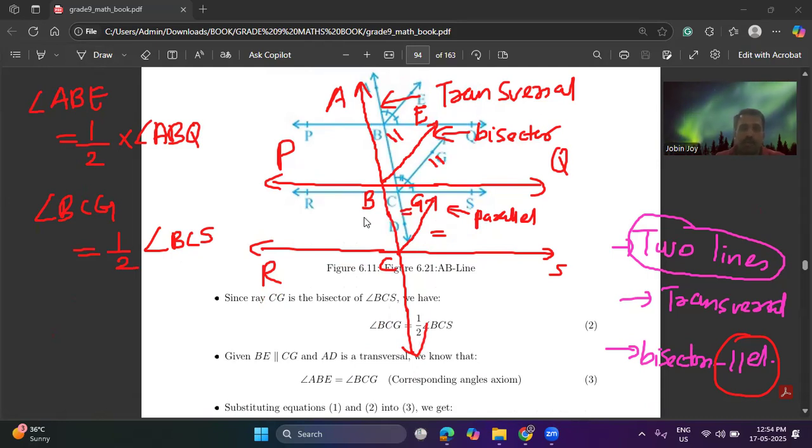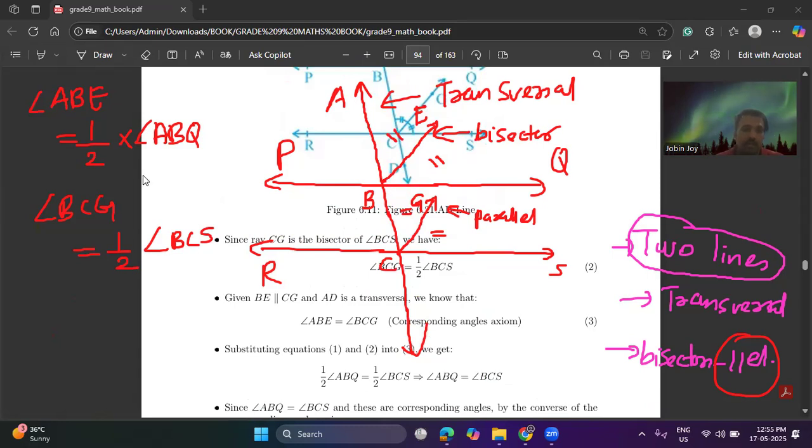Here this is a transversal, and we know that angle ABE will be equal to angle BCG, corresponding angles.